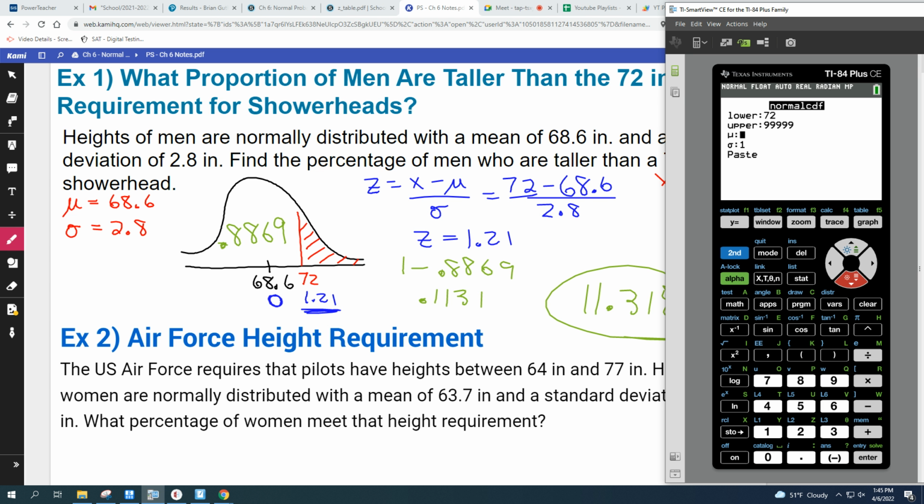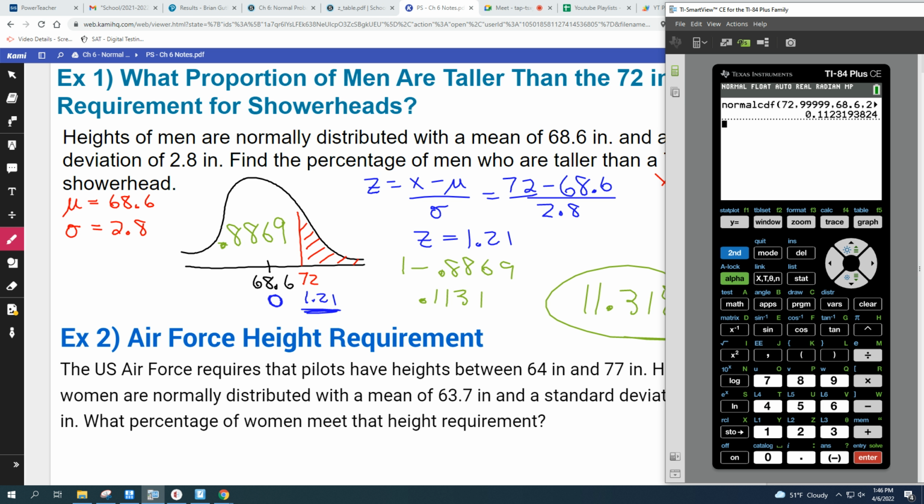The mean was 68.6, and the standard deviation was 2.8. Hopefully this works. Okay, 0.1123.